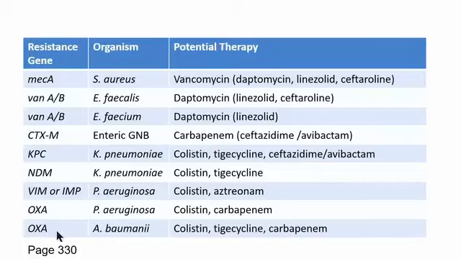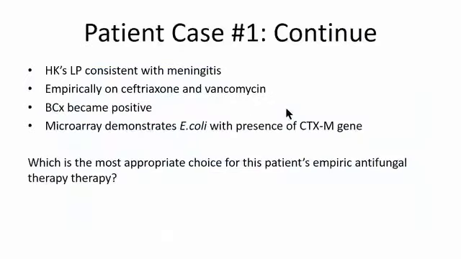OXA is oxacillinases, and it also denotes carbapenem resistance for Pseudomonas and Acinetobacter. So these are potential therapies, and you should be changing to these when you have the resistance gene information. However, you should still be looking at your full susceptibility results and making your final decision based on them. So we'll continue with our patient case.